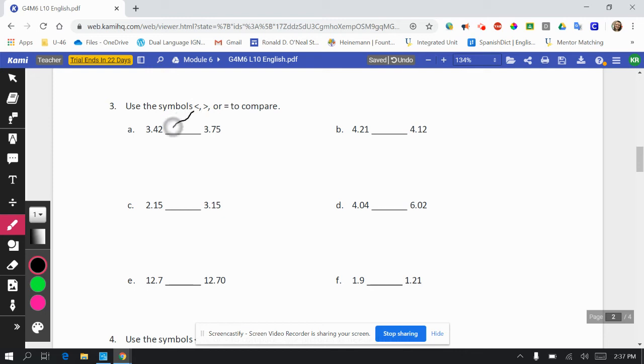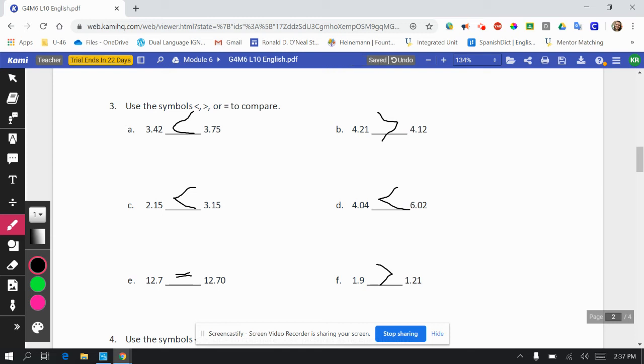3.42 is less than 3.75. 4.21 is greater than 4.12. 2.15 compared with 3.15, that is less than. 4.04 compared with 6.02, that is less than. 12.7 compared with 12.70, this is equal. 1.9 compared with 1.21, this is greater than.